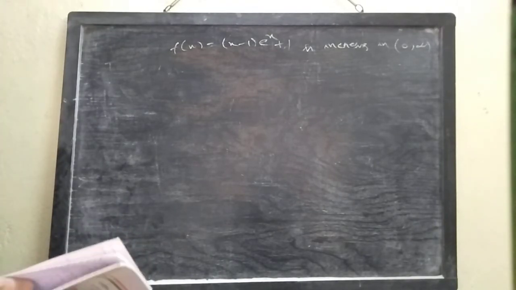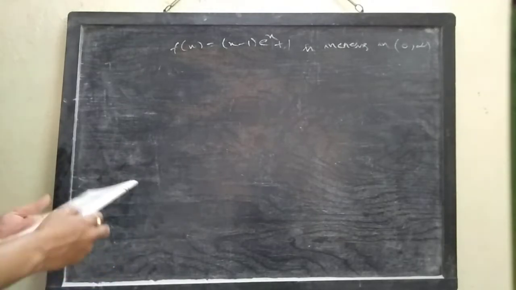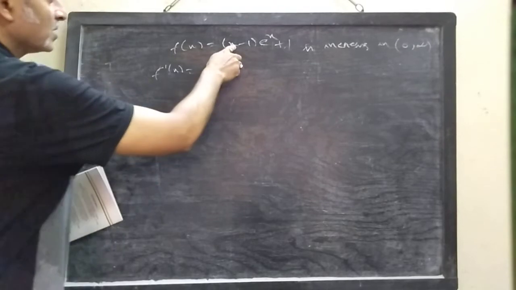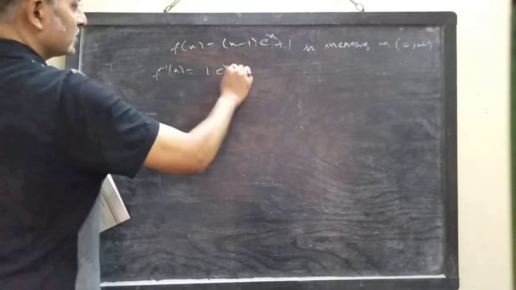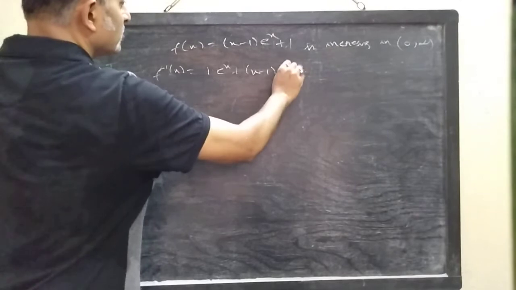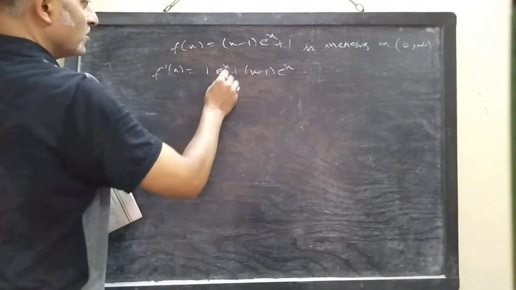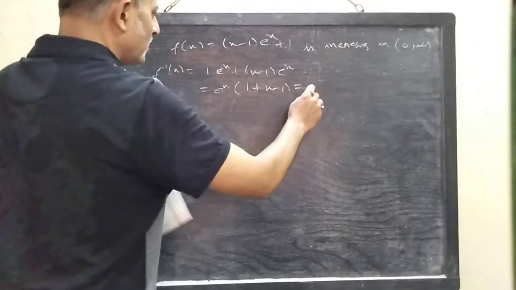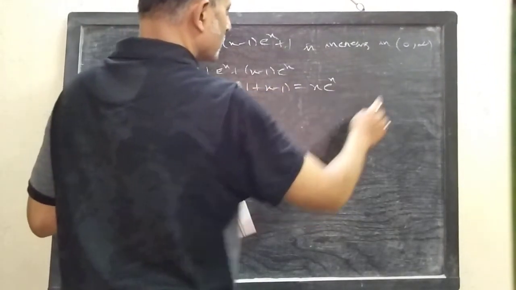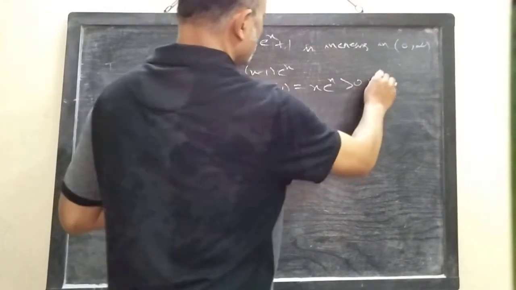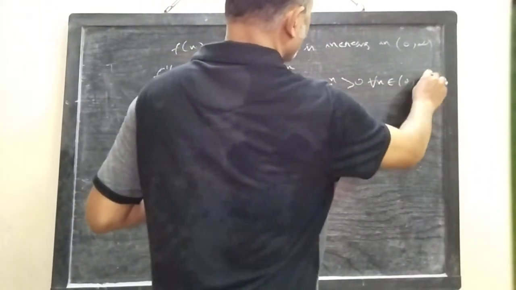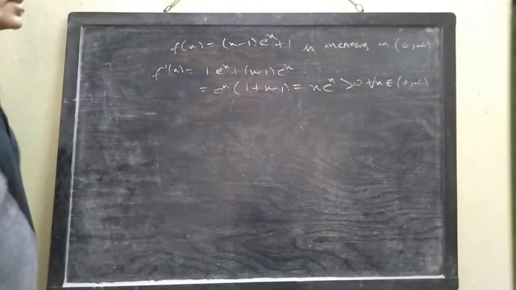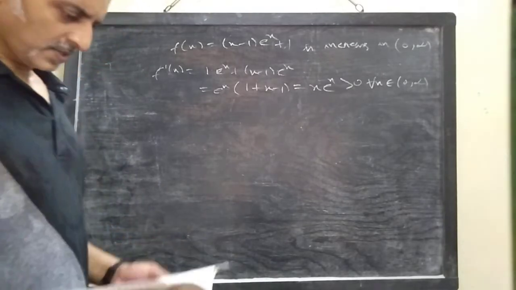First get the derivative of the function, f dash x. This will be 1 into e to the power x plus x minus 1 into e to the power x. Take e to the power x common. You get 1 plus x minus 1, so ultimately you get x into e to the power x. This is greater than 0 for all x belongs to open 0 to infinity. So f(x) is increasing in this situation. Very simple.